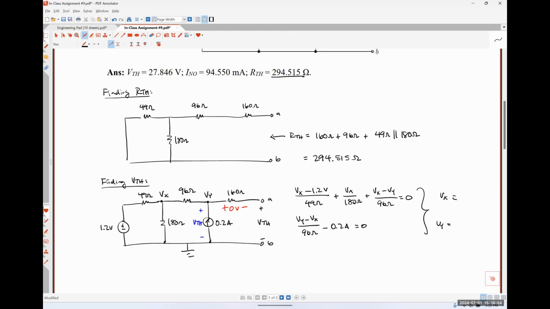So my coefficient for Vx in the first equation is 1 over 49 plus 1 over 180 plus 1 over 96. My coefficient for Vy is negative 1 over 96, and my constant term will be 1.2 over 49. In my second equation, my coefficient for Vx is negative 1 over 96.